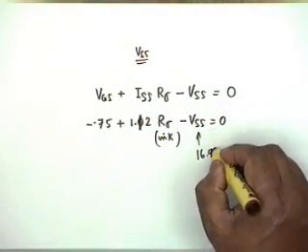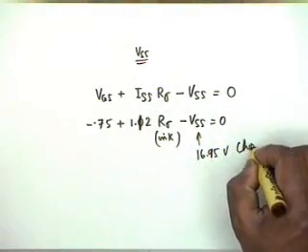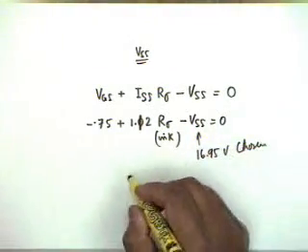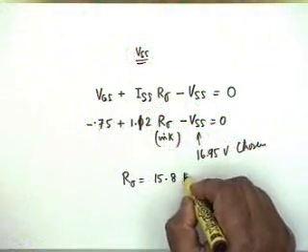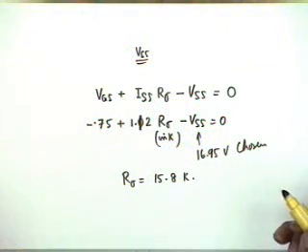Then you can find out R sigma, and this R sigma comes at 15.8 K. Is the point clear? There is one equation, two unknowns, you choose one, and the guideline is you choose VSS equal to VDD. There is no hard and fast rule.